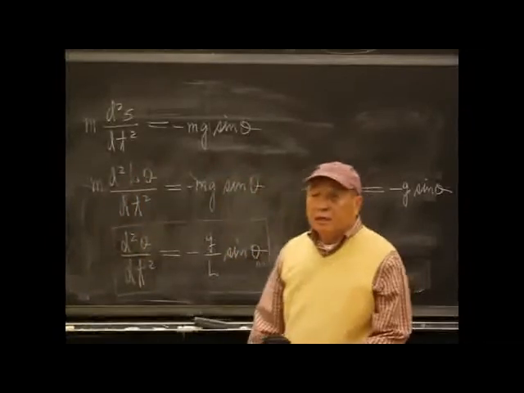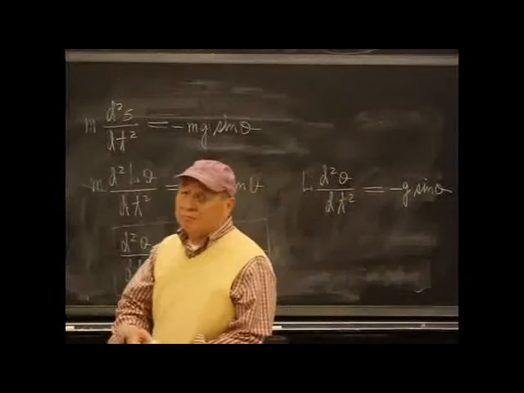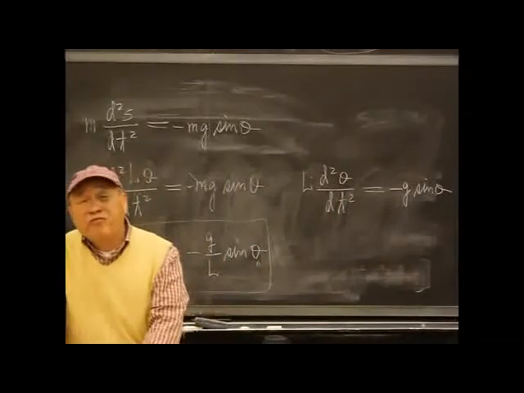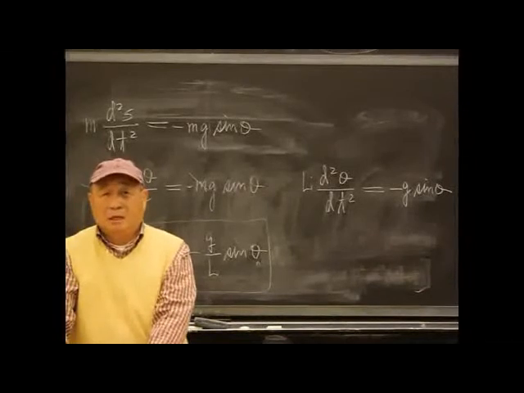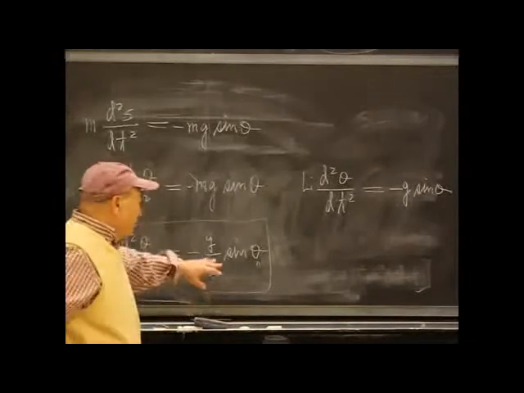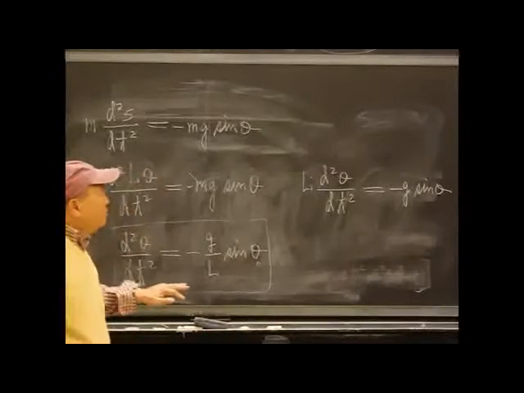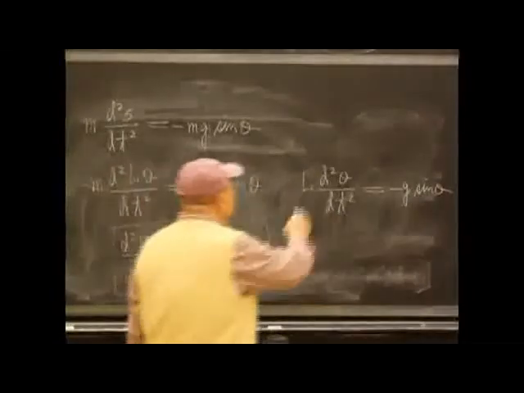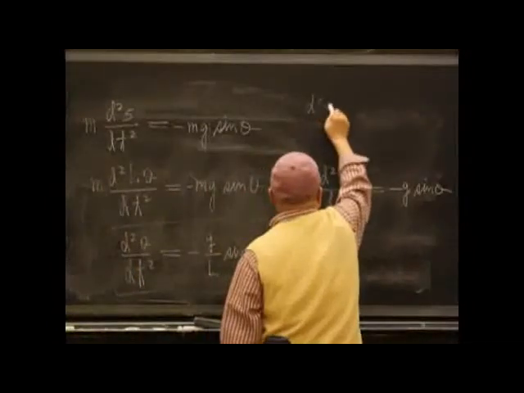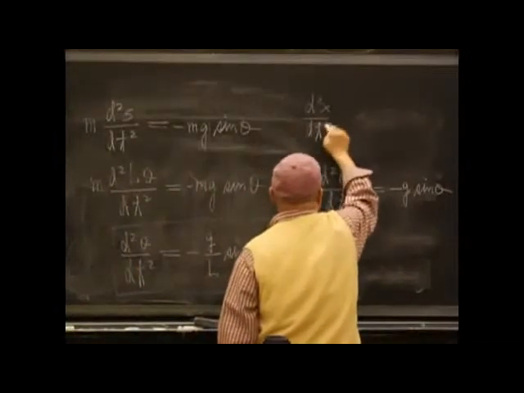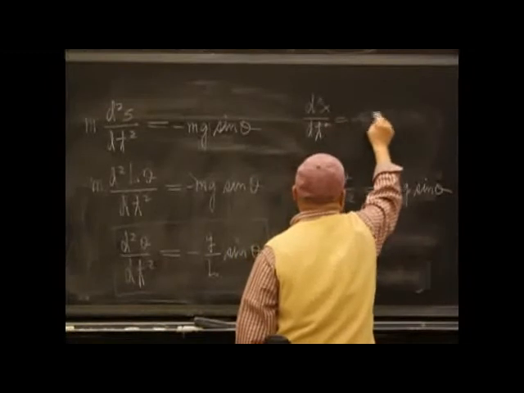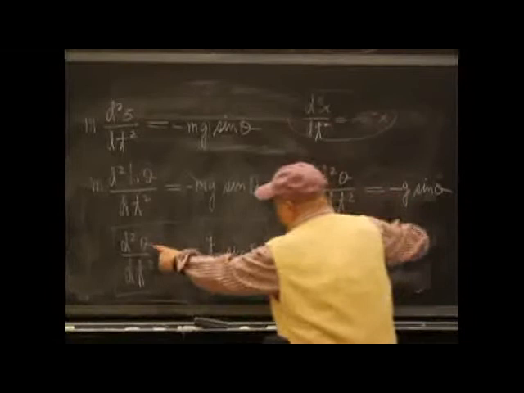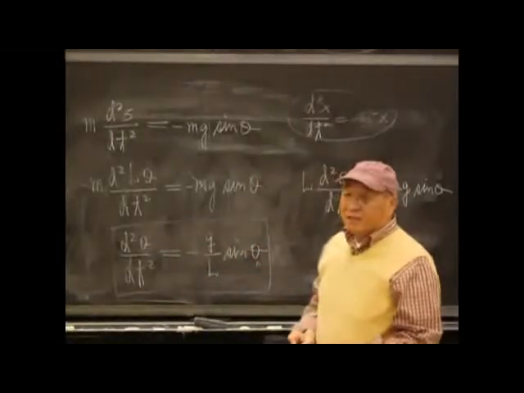Now it takes very good physics thinking about this. That's a sine theta, and this is a theta. It's nothing close to d2x dt2 equal to minus omega squared x. These two are different functions.